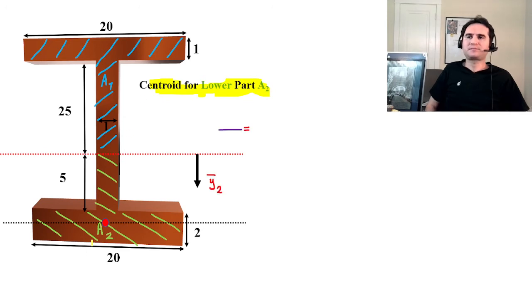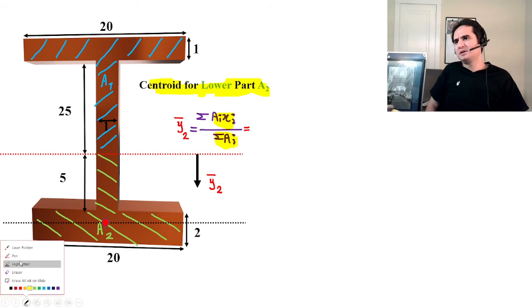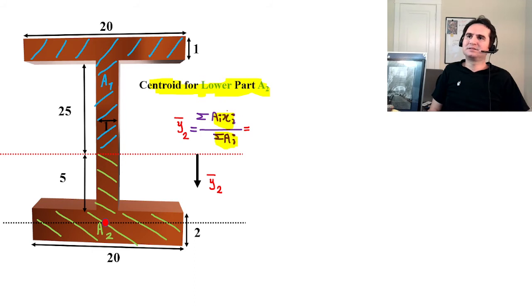Do the same process for the lower section, which gives us the centroid for the lower part. That's again sigma AiYi over sigma Ai. That could also be called Y1; I consider that one like x, so I just call it that way. It's just how you name it, the concept is the same.